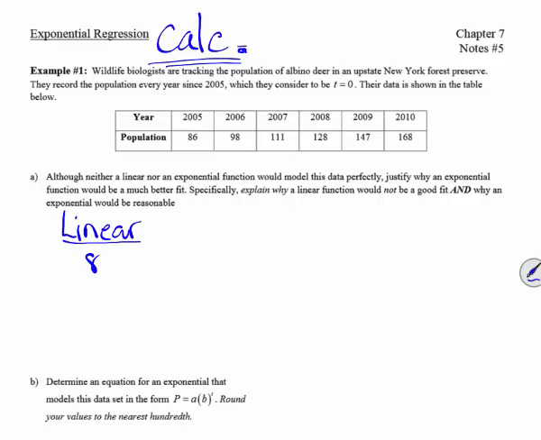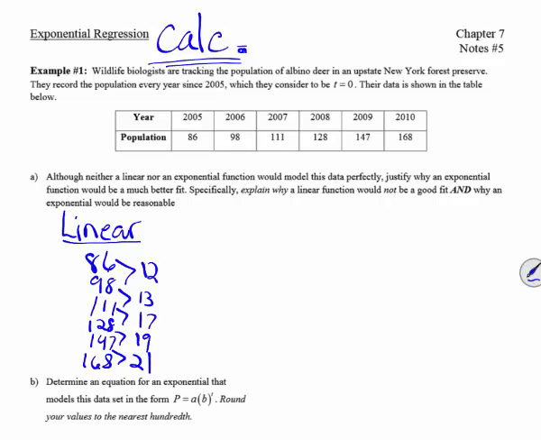So I'm going to list my population numbers, and 168. And in between these, here I'm going up by 12, here I'm going by 13, 17, 19, 21. So I don't have a common difference, right, when we were talking about them as our sequences. And the difference keeps getting bigger, which lets me know it's probably going to be exponential anyway.